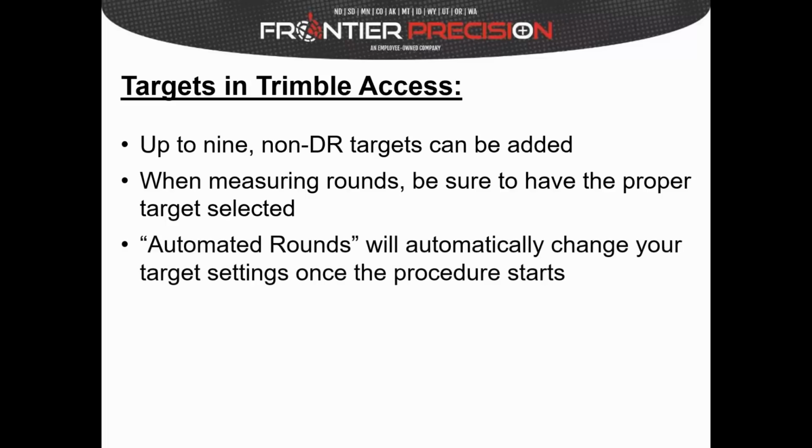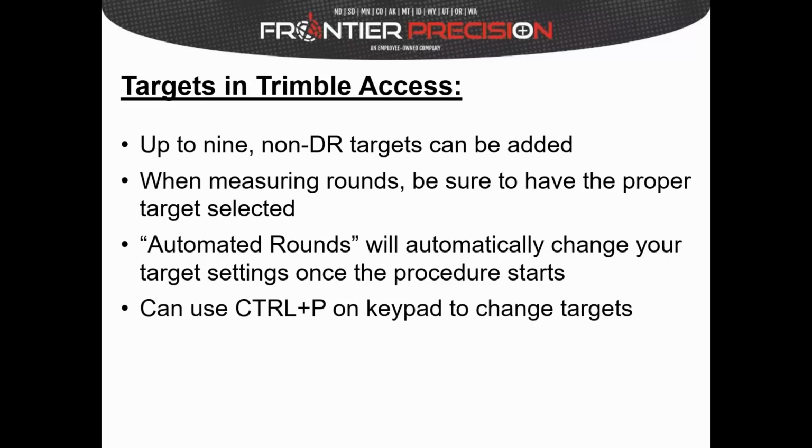What is nice about that is when we do automated rounds, we manually build our rounds list, we select our proper targets for our initial measurements, and then when we have automated rounds checked on, the feature will not only automatically turn to measure our targets and points on its own, but it'll also know which target goes with which point. It'll automatically change those settings for you, so you don't have to stop it and keep doing that. It makes tying in control and traversing a lot easier.